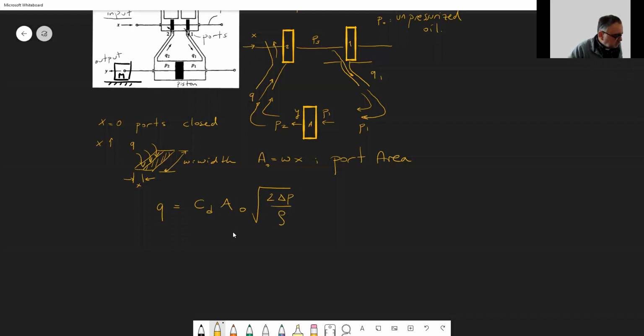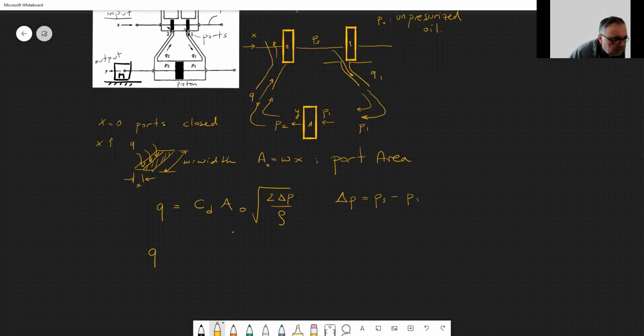Delta P is the drop in the pressure through this orifice, from here to here. Delta P, for example, is PS minus P1. There is a lot of drop of pressure in the flow from this orifice, so it models that one.